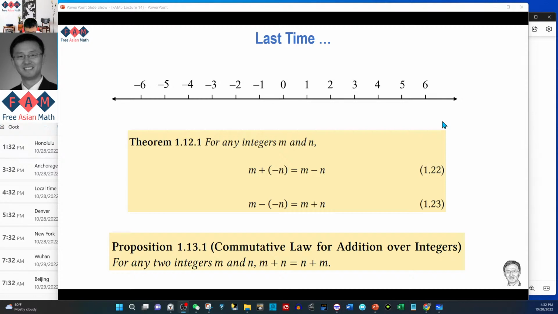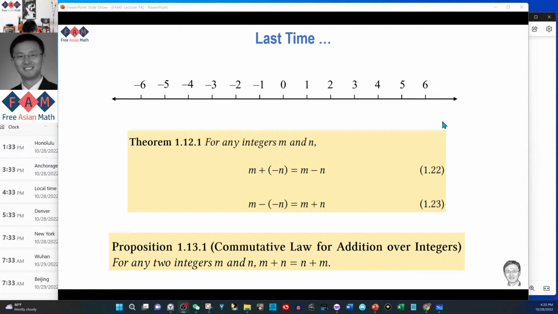So here's the number line, and the theorem that we studied says that if an integer m plus the negation of another integer n, the result is the same as if m, the first integer, subtracting the second integer before the negation is taken.